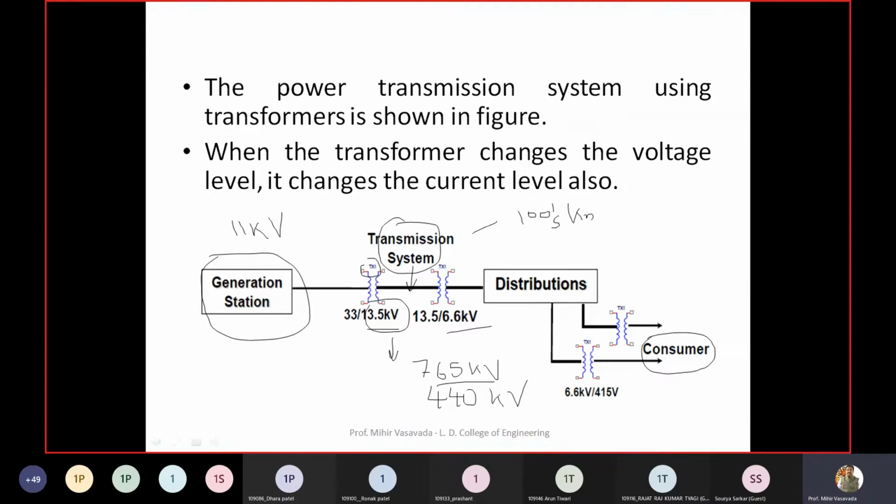And as we know, when a transformer changes the voltage level, it also changes the current level because power on both sides remains the same. So when the voltage is increased from primary to secondary, automatically the current will decrease. If voltage is decreased, then current will increase.